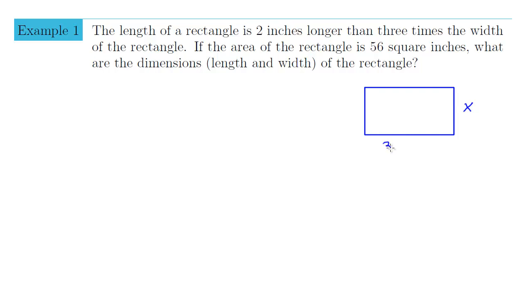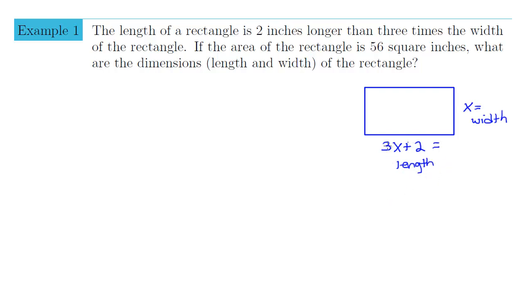So, to express 2 inches longer than 3 times the width, I would write 3x plus 2. So for this particular problem, my width is represented by the variable x, and the length is represented by the expression 3x plus 2.